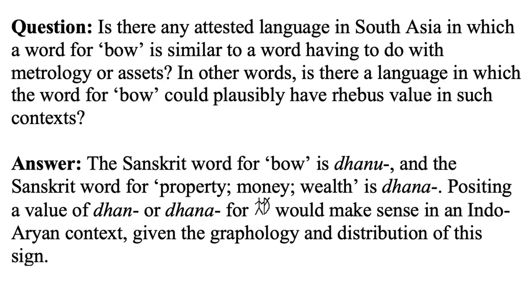Again, its distribution and its appearance are strongly suggestive of what I call a pleonastic number measure, which is a fancy way of saying a sign that refers pleonastically, or redundantly, if you will, to numbers or measurements. And then the third now is this bowman sign, which we've assigned, again, because of its distribution and graphology, suggested that it might just possibly have this value. Certainly, Indo-Aryan / Sanskrit is very accommodating in this respect, but right now this is still all hypothesis.